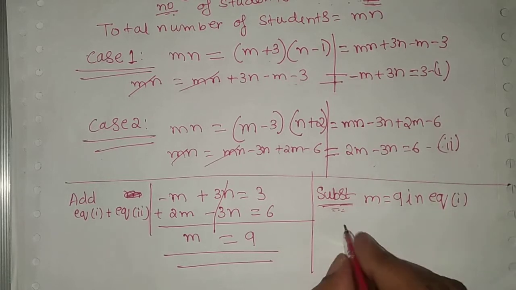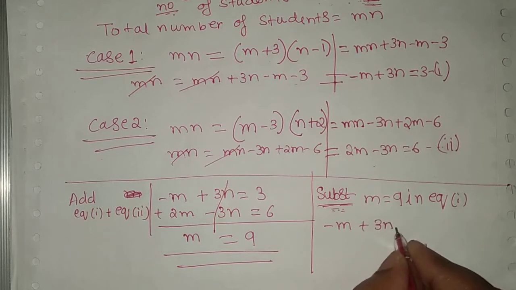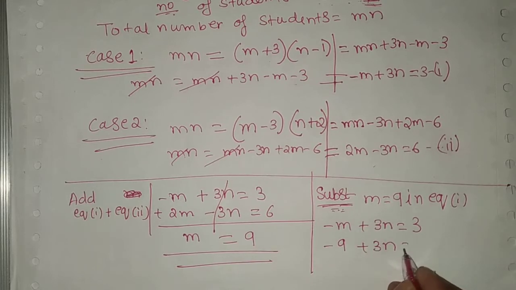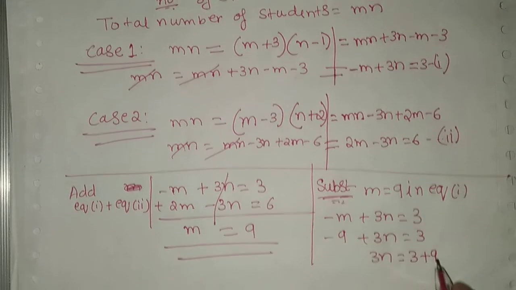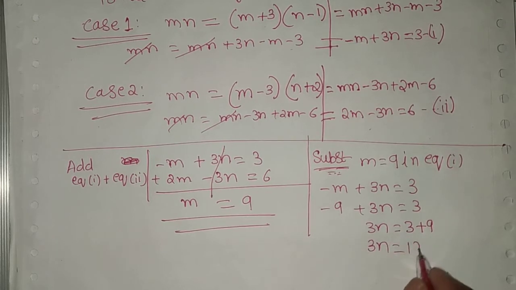Minus m plus 3n is equal to 3, so minus 9 plus 3n is equal to 3. Therefore 3n is equal to 3 plus 9, which is 12.